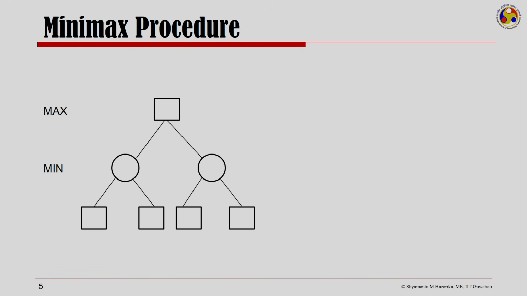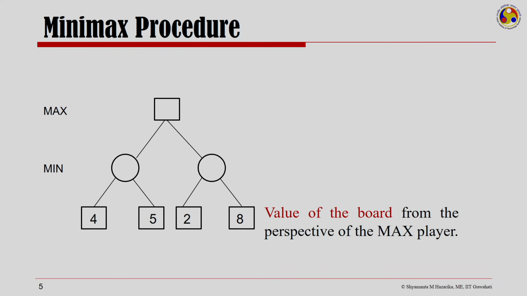So, let us take a portion of a game tree and try to understand the minimax procedure. Here is the portion of a game tree, and let us put the evaluations for the leaf nodes. These values, 4, 5, 2, 8, are values of the board from the perspective of the max player.